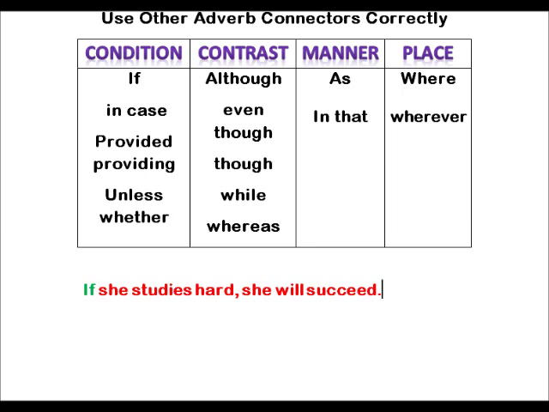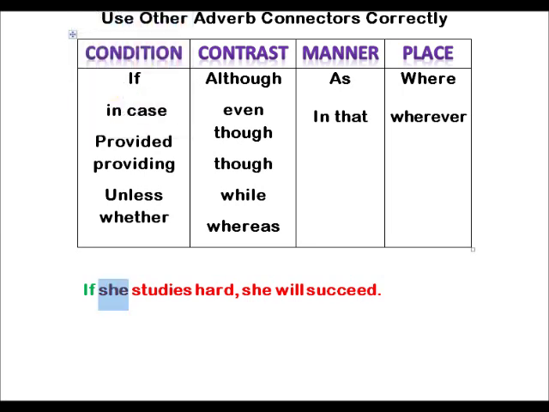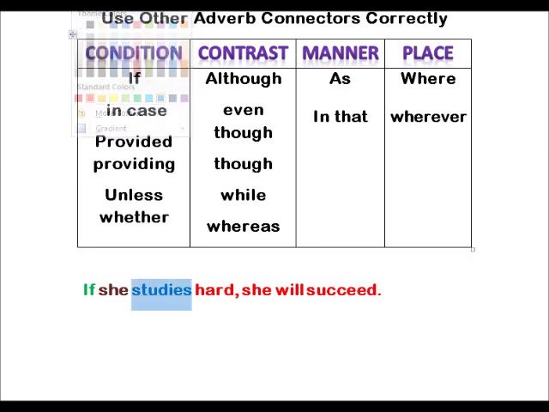After this condition connector we have she, and she is a subject, and then we have studies, and studies is a verb. So look at this. We've got if, a connector, she, a subject, studies, a verb.